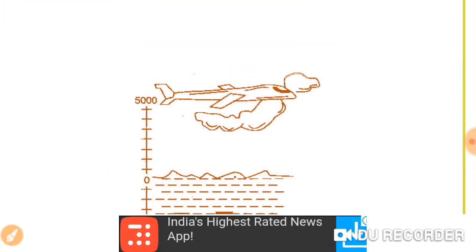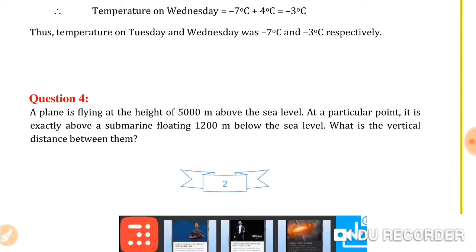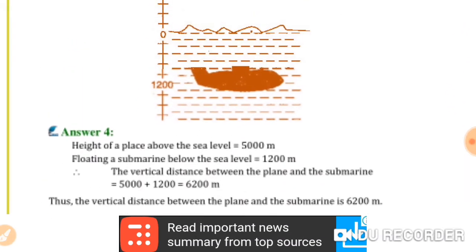The question is, what is the vertical distance between them. When they ask for the distance between, we have to take the difference between the numbers.